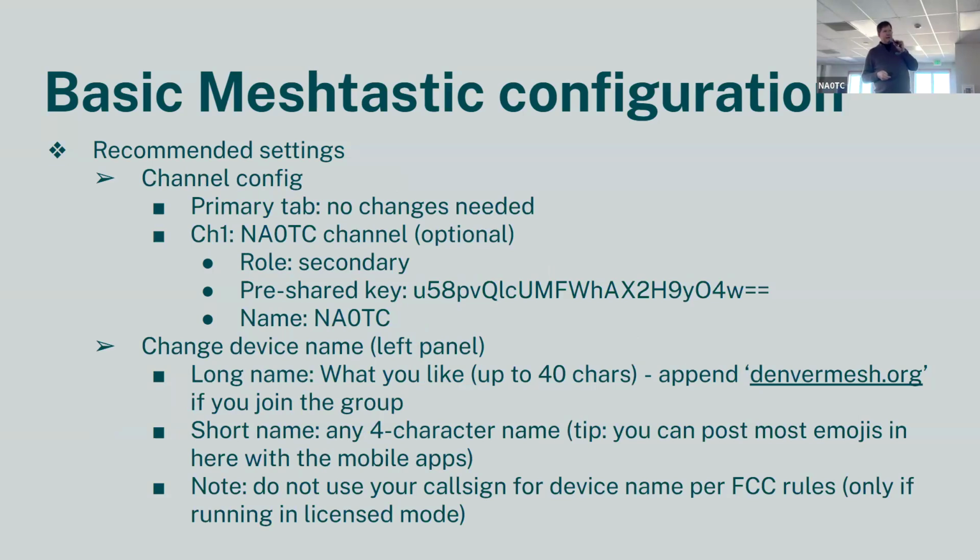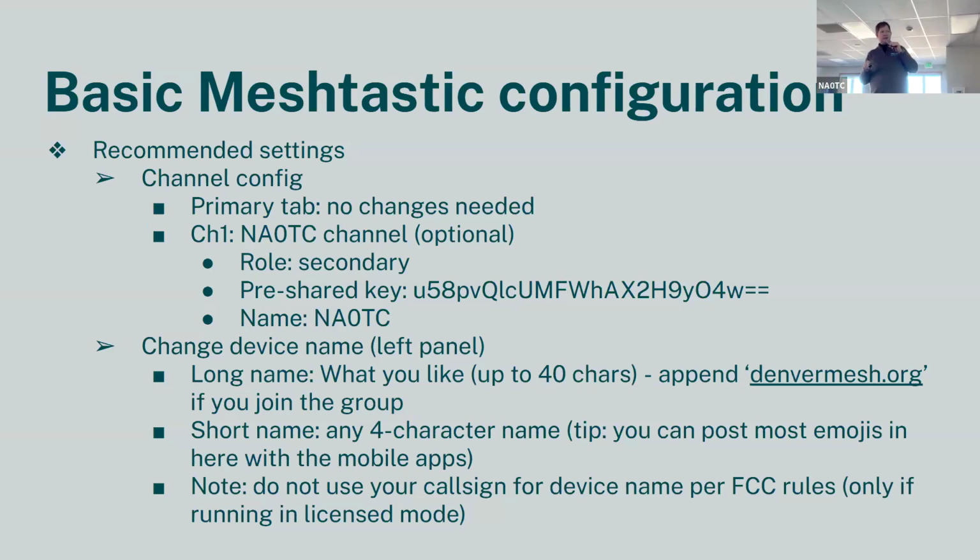Then there's a channel config, Primary tab. So as I mentioned, you can have multiple channels. Channel 0 is the default system-wide unencrypted channel. So anybody can put a message out there like "Good morning" or whatever, and then communicate. I created an NA0TC channel. So if you have one of these devices and you want to join in on the fun, you just create a new channel.